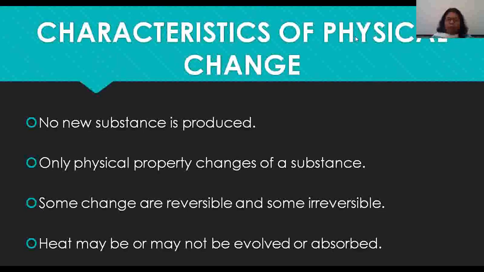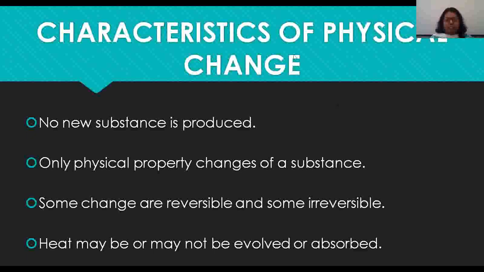So you found that no new substance is produced when a physical change is considered. Only the physical properties of a substance change, that is maybe size, shape, color, density, odor, etc. Some changes are reversible and some are irreversible. Heat may or may not be evolved or absorbed.